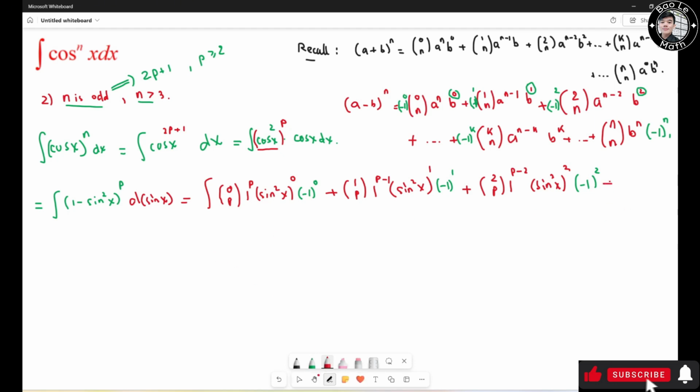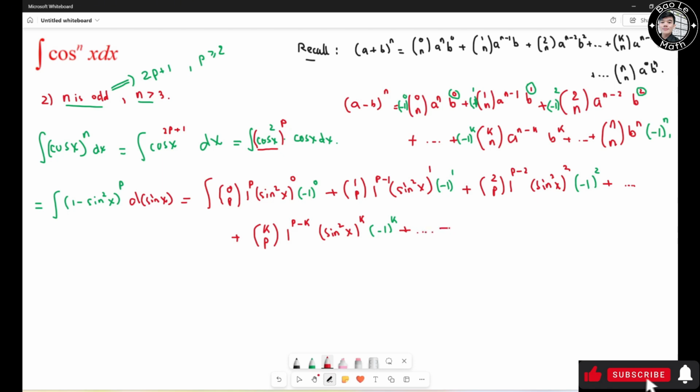Plus etc., plus the general terms, the combination of k, p, 1 to the power of p minus k, sine square of s to the power of k, then negative 1 raised to the power of k, right? Plus etc.